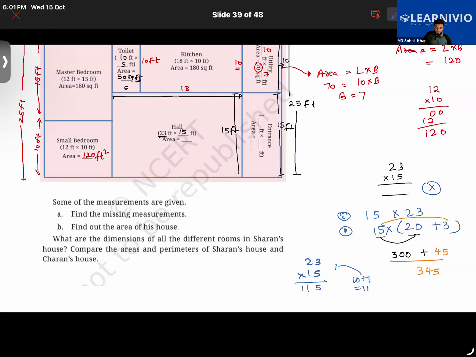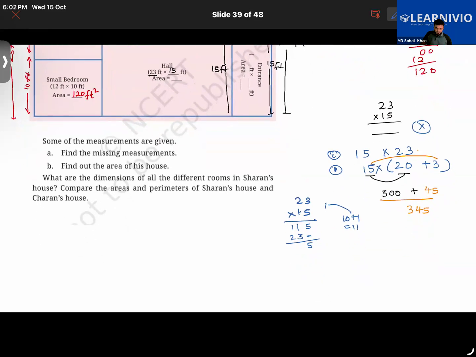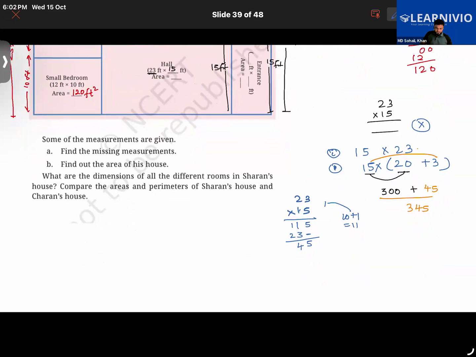Next, we leave an empty space here. Then you multiply 23 with 1. 1 three is 3 and 1 two is 2. So we are getting 345.